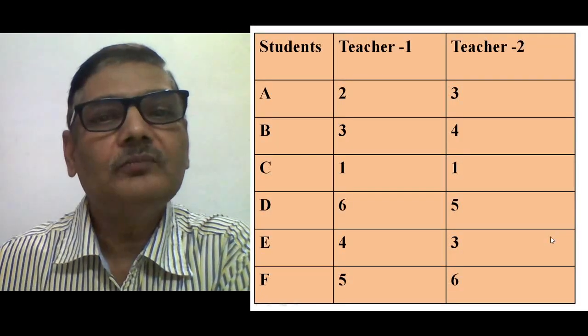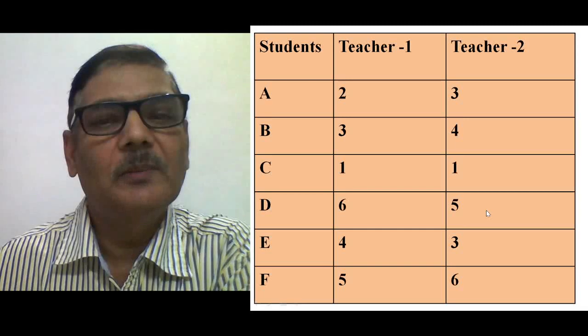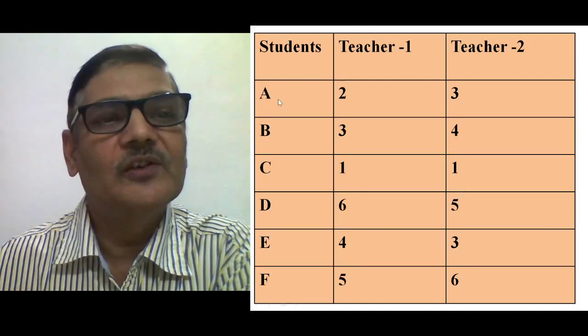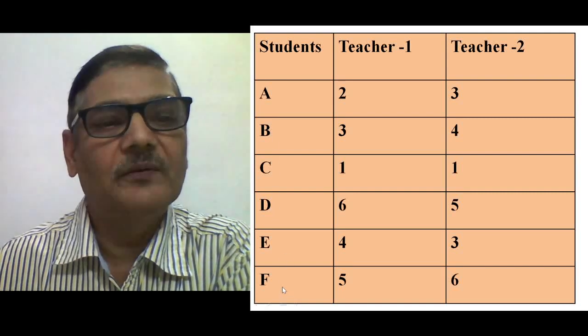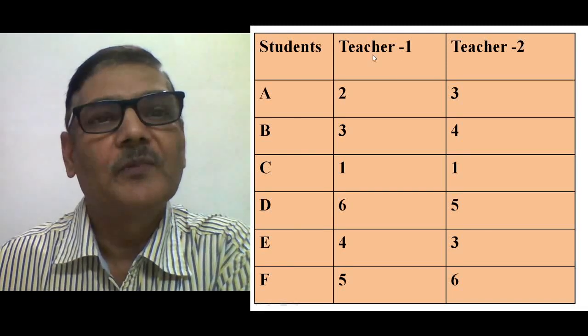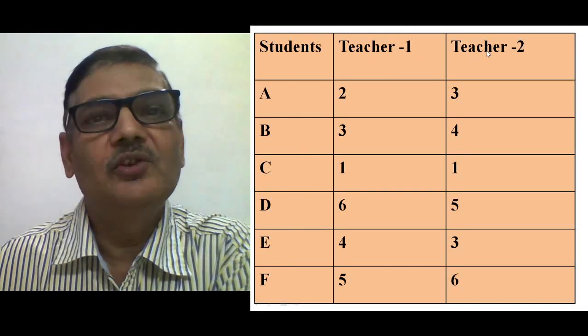So I'm going to take up a particular case and we shall have a complete idea about the use of this analysis. Suppose there are 6 students, A, B, C, D, E and F, and these 6 students are being evaluated by 2 teachers, teacher 1 and teacher 2.